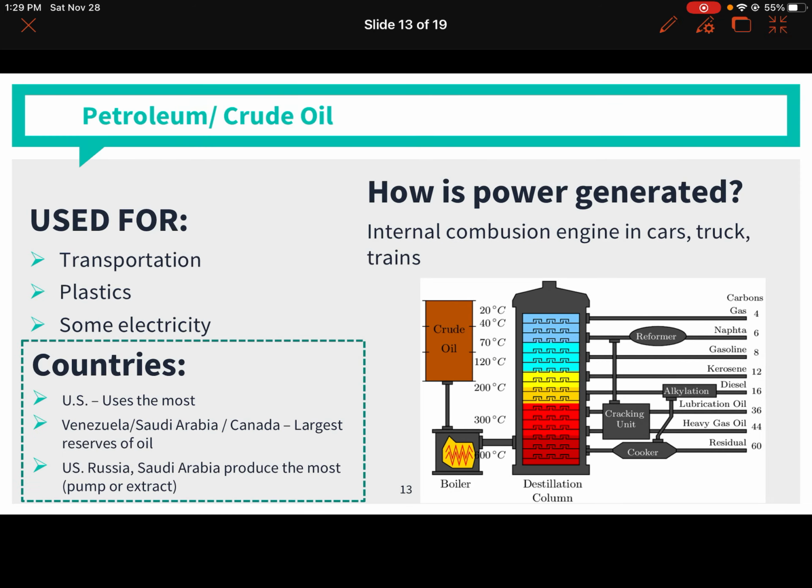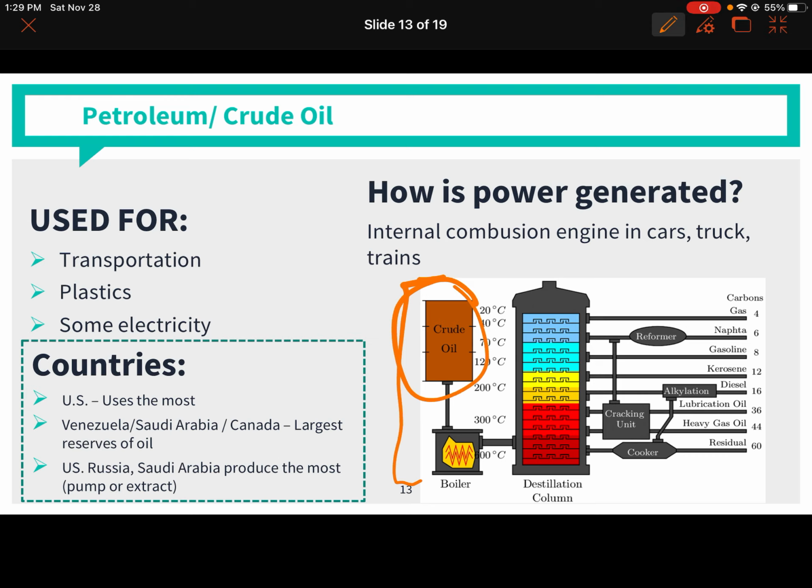So petroleum or crude oil is used for transportation, to make plastics, and in some cases it's used for electricity. So I want to draw your attention down here, and this is our oil refining process. Basically, we take our crude oil, which is the oil from the ground, we heat it up, and then we distill it in a distilling column. And so it's going to heat up so that the heavier materials are hotter down here at the bottom, it's cooler up here at the top.